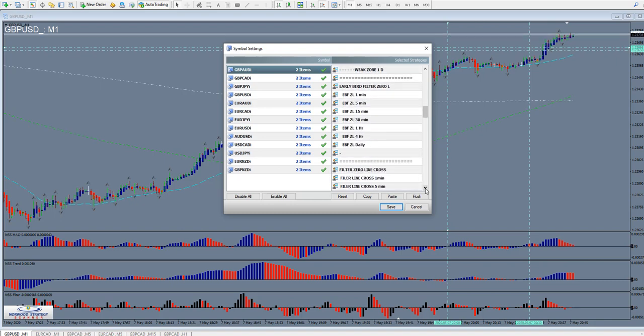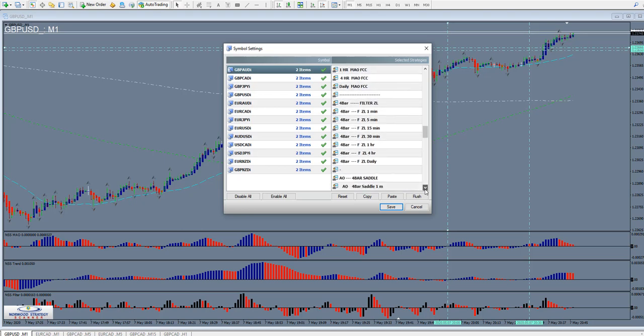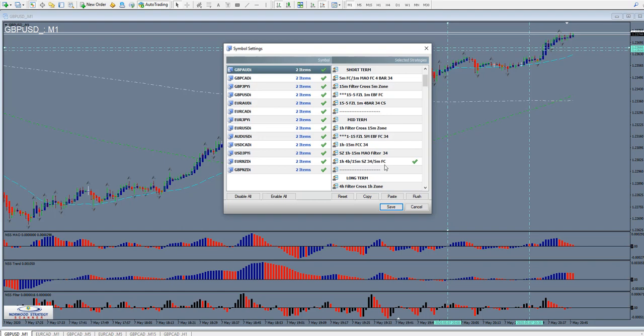Then here's the weak zone. Here's an early bird filter, and the cross of the filter line across all the different time frames. So you can see we have a lot of scans. Not all of them are as good as the ones that I pointed out to you: this 1 4 hour, the 1 hour 4 bar, and the 15-minute filter zero line.